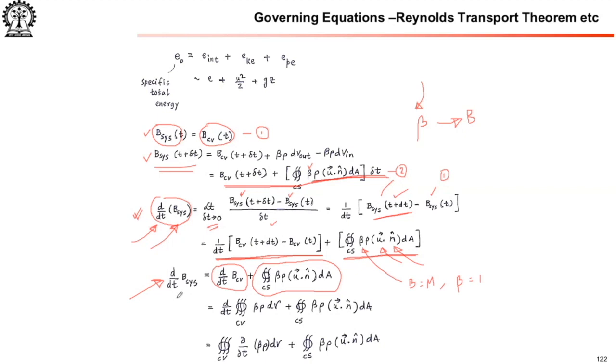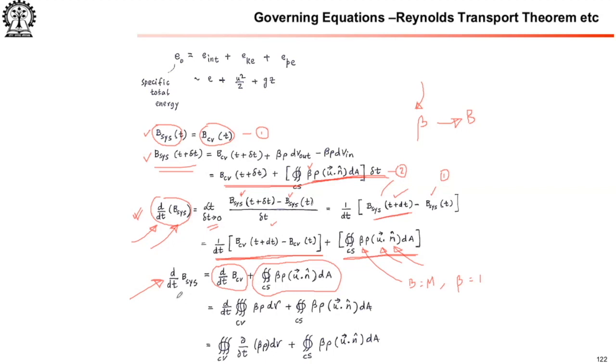It's not necessary to be finite, but for convenience we are not restricting ourselves to an infinitesimal volume. So our control volume here can have some finite shape and size that coincides with the system at that initial time. And we are saying that d by dt of, say, the momentum of the system can be related to d by dt of momentum within the control volume and the flux of momentum across the control volume surface, the control surface.